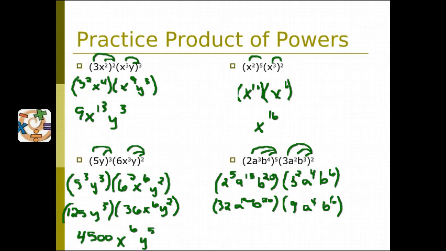The first variable we need to write down is our a, because it's the first letter in the alphabet. When we multiply numbers, we're adding their exponents. 15 plus 4 gives us a to the 19th. And then 20 plus 6 gives us b to the 26th.